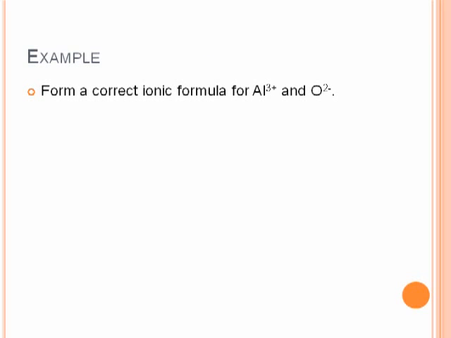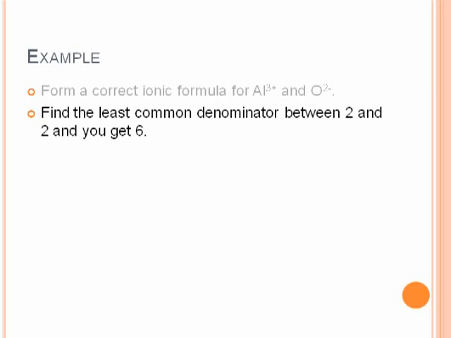So let's write some formulas. If we've got aluminum with a +3 charge and oxygen with a -2 charge, we need to find the least common denominator. That is, what is the smallest number both of them go into.